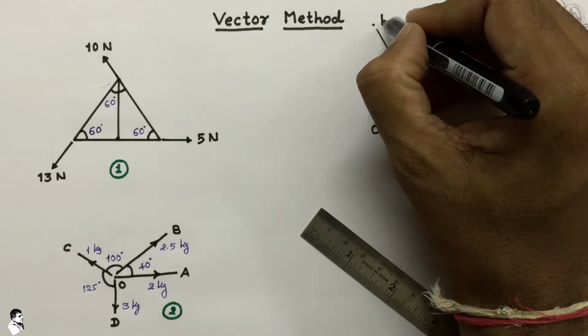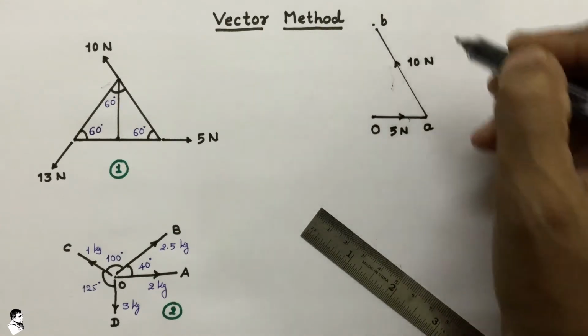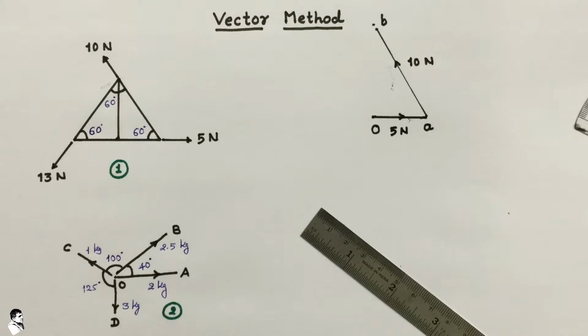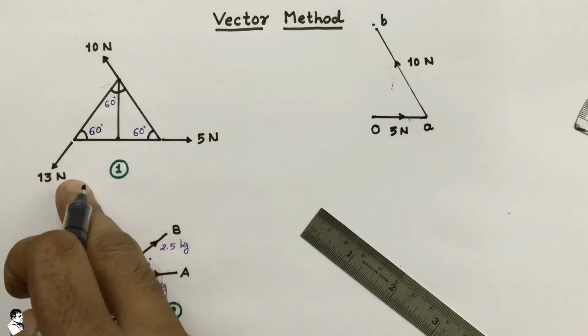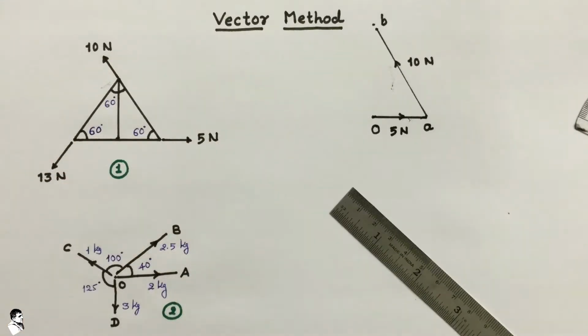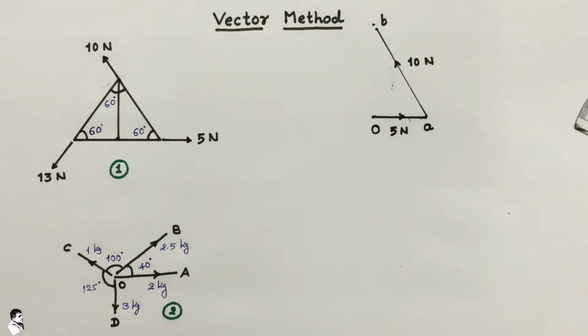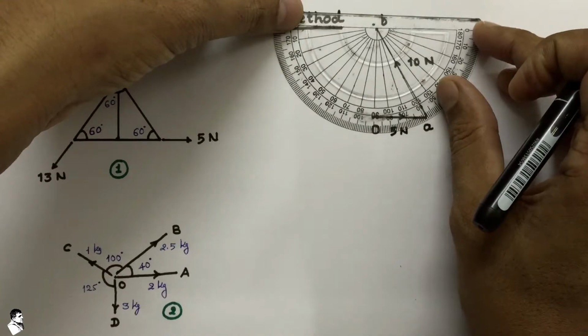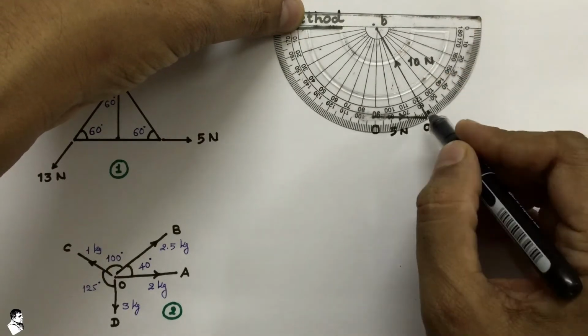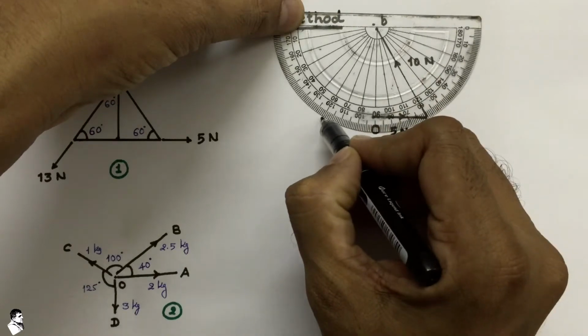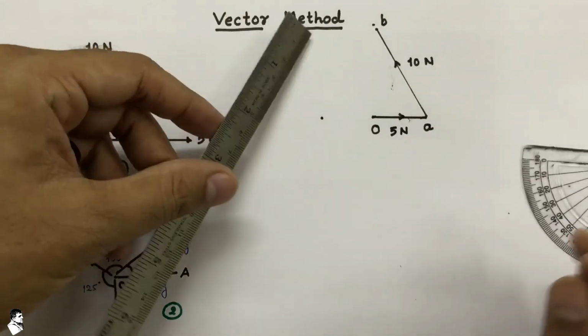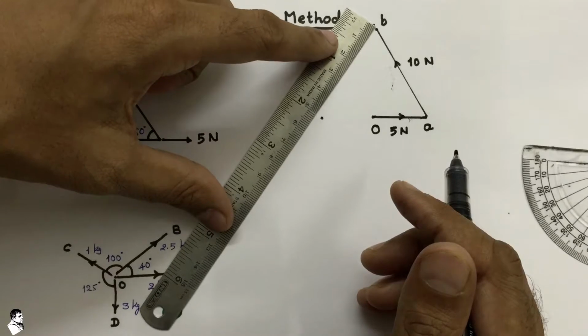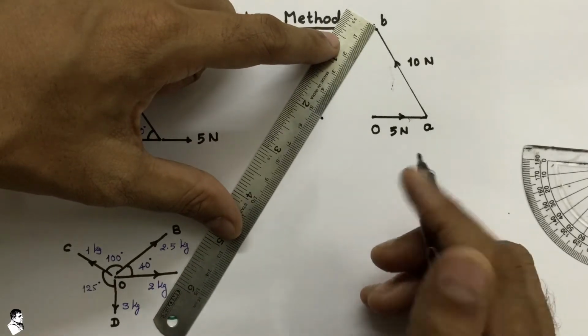Again we put a name here, that is point B. Then from that force we move to another force, that is the 13 Newton force, considering again 60-degree between that 10 Newton and 13 Newton. So putting here a 60, we take another 60-degree here, and again draw a line with appropriate scale.